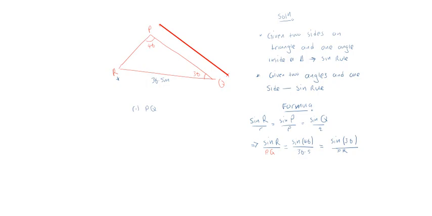Now, what are we interested in here? We're interested in finding PQ. But remember, in this problem PQ hasn't been given, and even the angle on R has not been given. If we were given angle R, we would have used it to find this side.